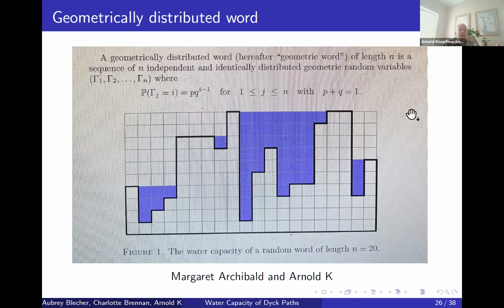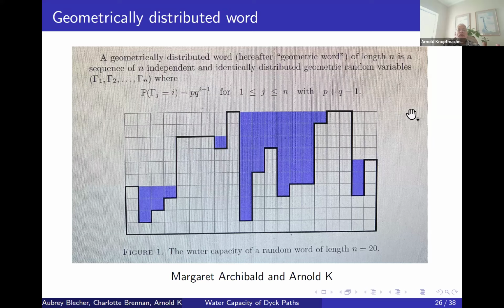So according to this picture, the first time I did this, I had to toss the coin 4 times to get a head. That's the first column. Then the next time I immediately got a head. That's why there's a column of height 1. The time after that, I threw tails, then heads. That's a column of height 2, and so on. And something of this form is called a geometric random word.